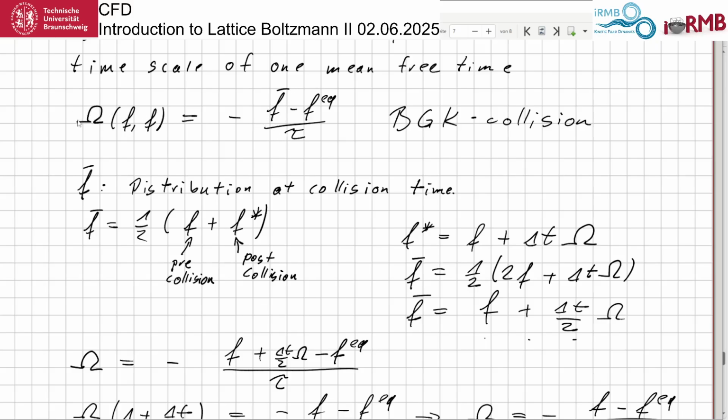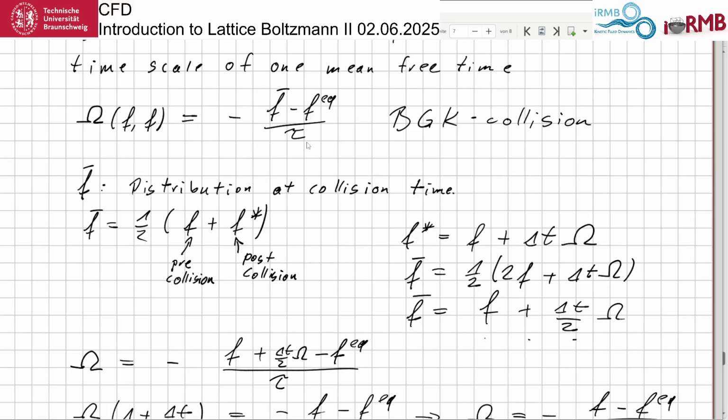During integration, you would integrate this over delta t, so basically you have delta t divided by tau. If tau is much smaller than delta t, then delta t divided by tau is very large, so the influence of the collision would be very large. And now imagine that tau is really, really small, because it's the time between collisions.